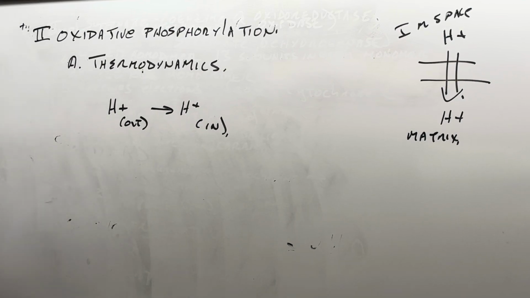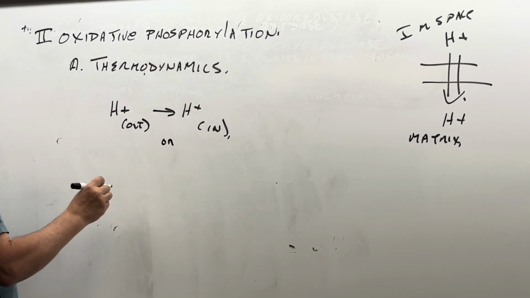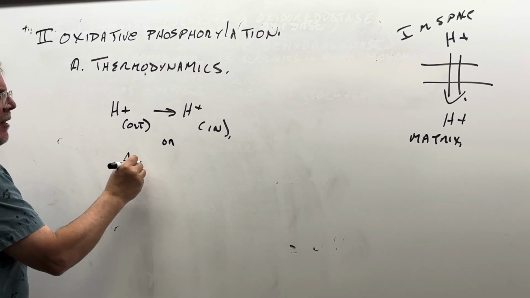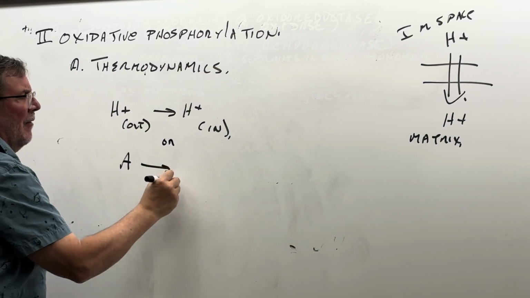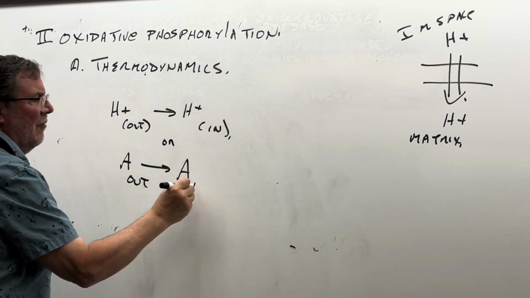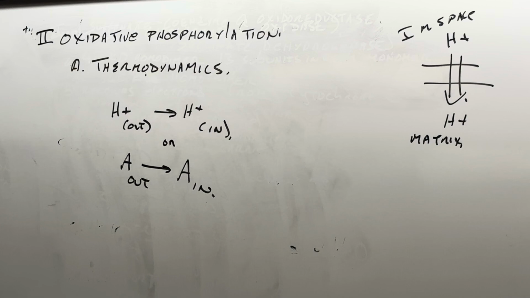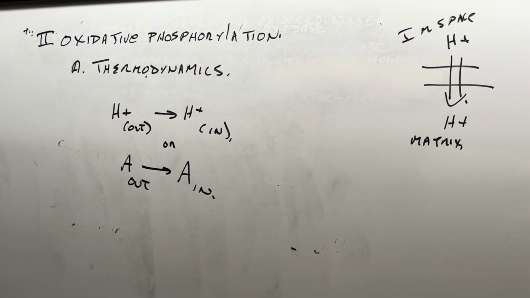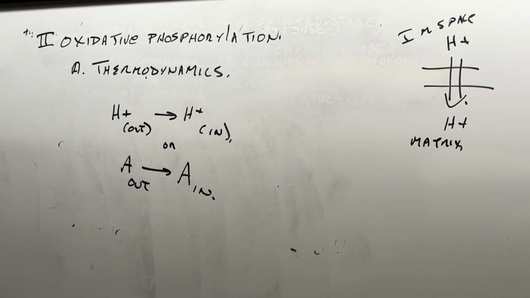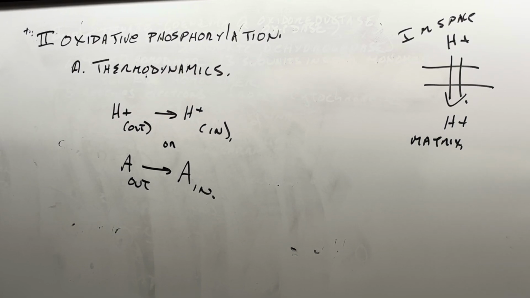Now I'm going to make it more general. It could be any compound. We'll call it compound A, because I want to get rid of the charge effect for now. A from the outside, A to the inside. And we can ask, what about the spontaneity of that reaction? What's the thermodynamic value we use to address the spontaneity of a reaction? The delta G, right, that gives free energy.